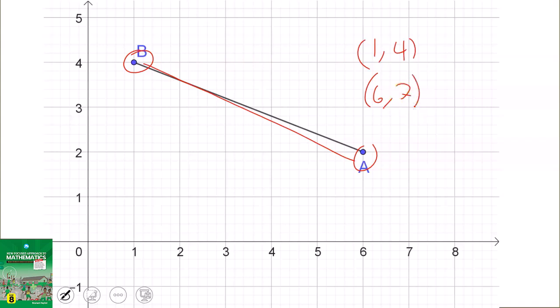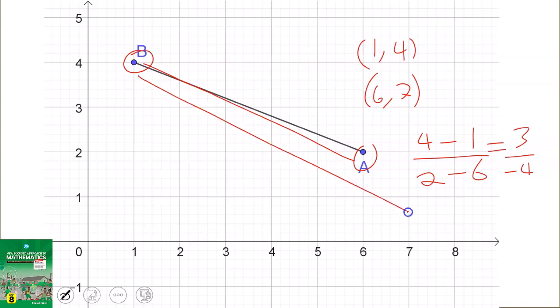Now, if we do change in y and change in x, we are going to have y2 4 minus 1 over x2 2 minus 6. And so we are going to have 3 over negative 4. And so that becomes negative. And so anytime a line goes this direction, gradient is negative. If a line goes this direction, gradient is positive.